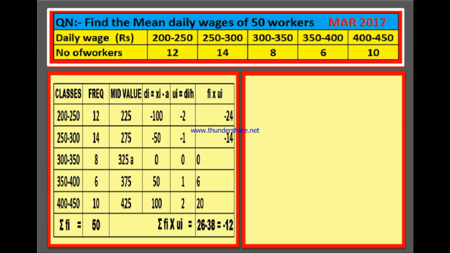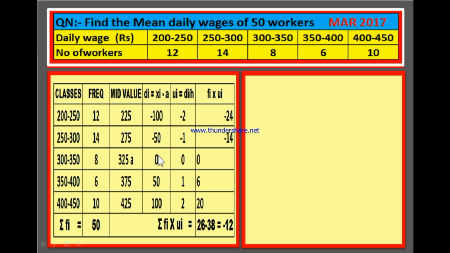Okay. Now, in direct method, if you write classes, frequencies and mid values, the next column is for fi xi. In direct method, we did that in the first question. But now, here we are using the step deviation method. If at all you use direct method, then you have to multiply these two values, 12 into 225, 14 into 275, 8 into 325.